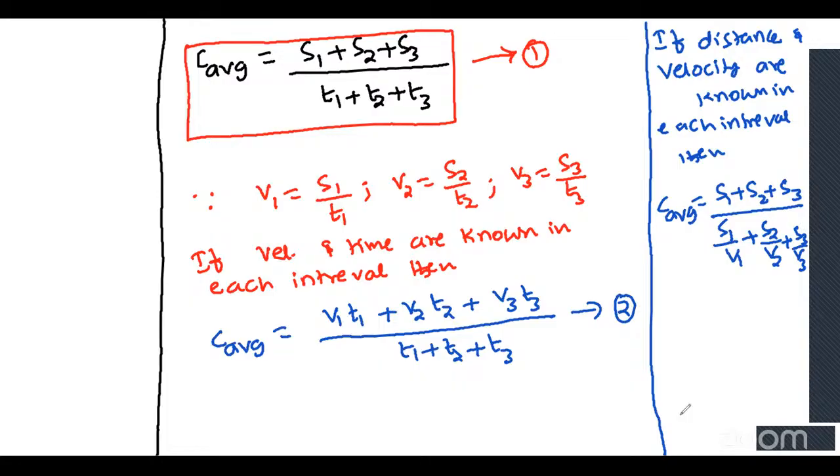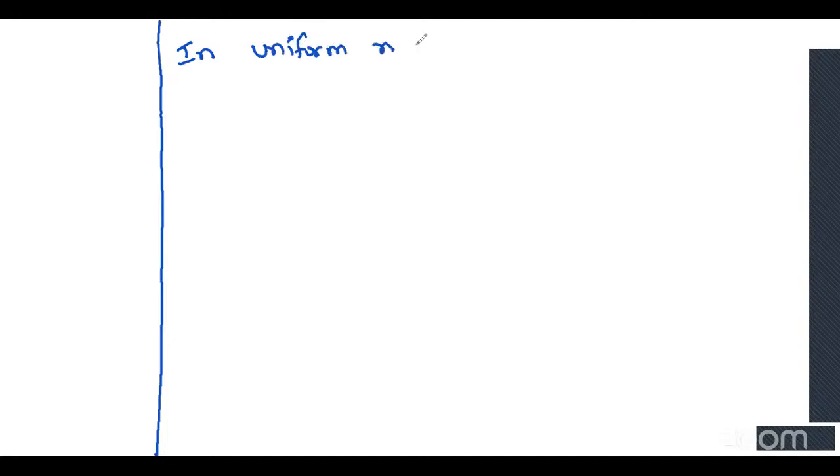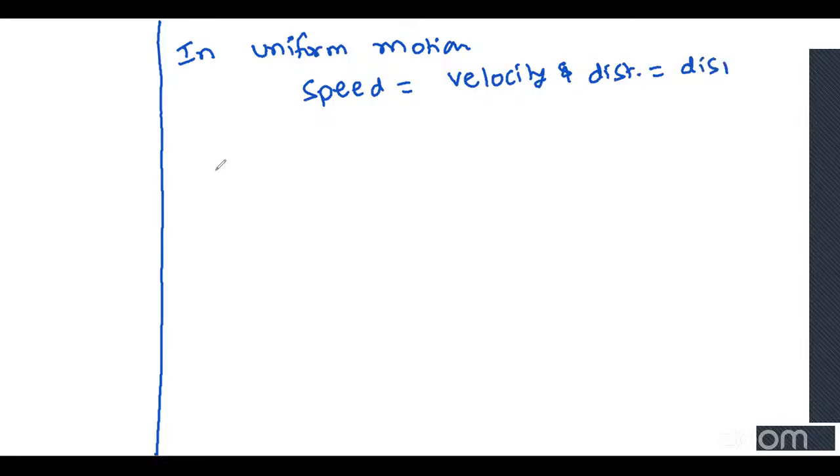In uniform motion, speed equals velocity, and distance equals displacement.